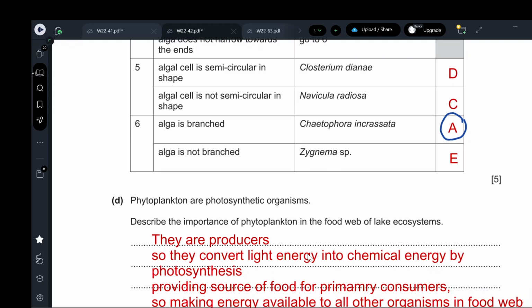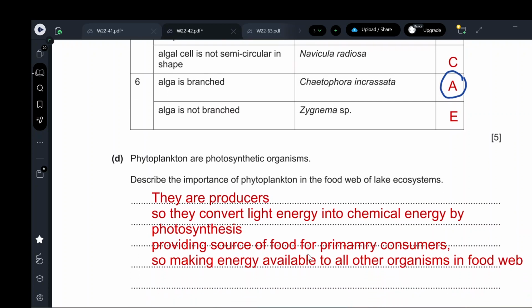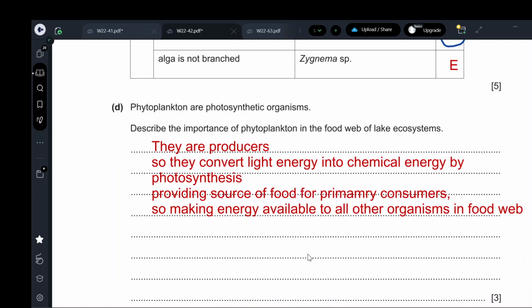They convert the light energy into chemical energy and therefore provide a source of food for the primary consumer and make the energy available for the rest of the food web. They will be like the plants since they carry out photosynthesis.